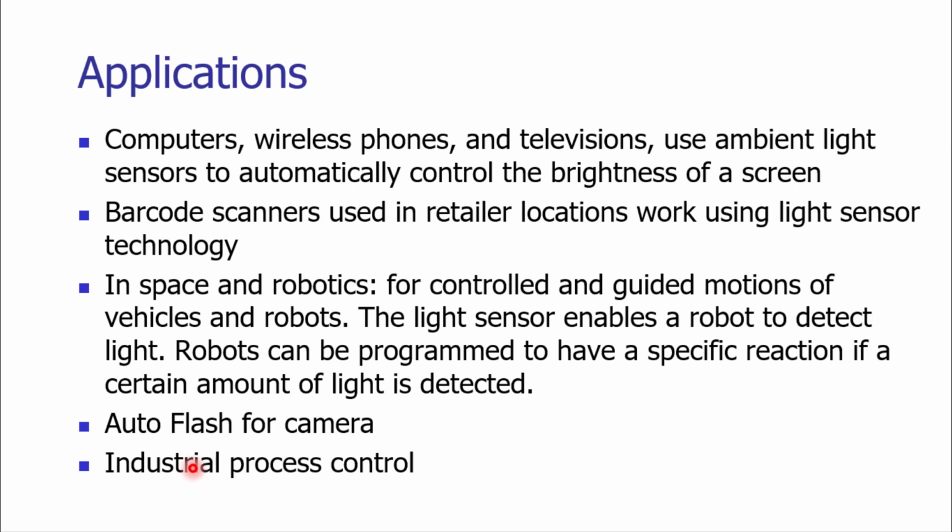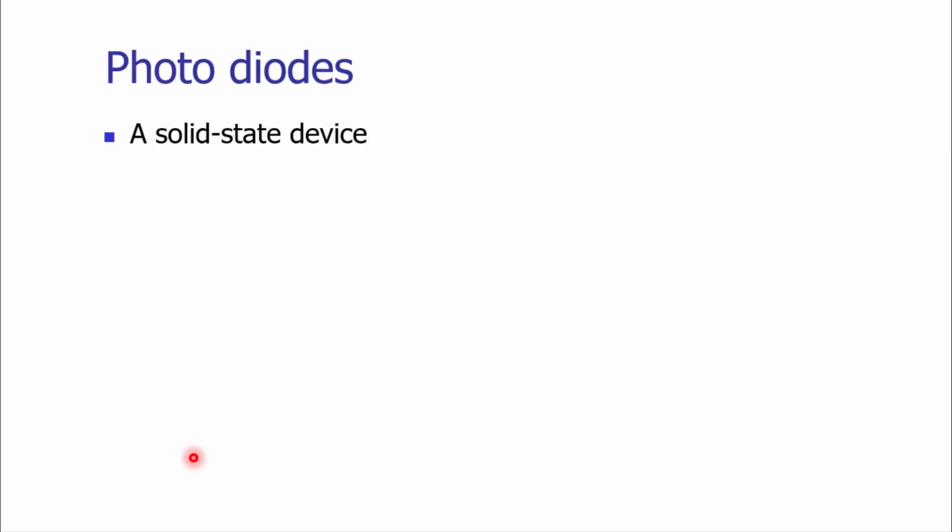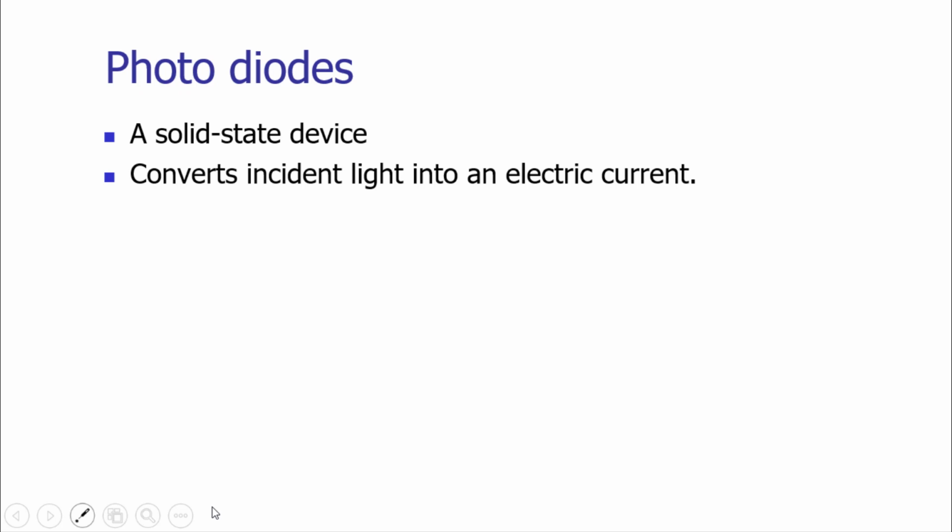Moreover, these are used in auto flash for camera and industrial process control. The next sensor is the photodiode. It is a solid state device, and it converts the incident light into an electric current.